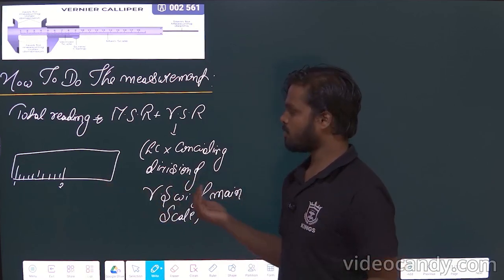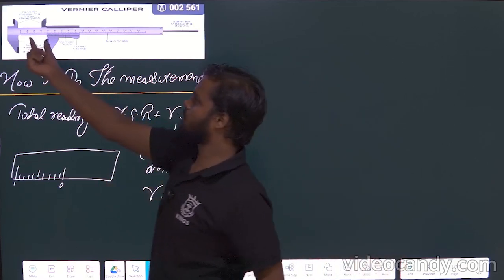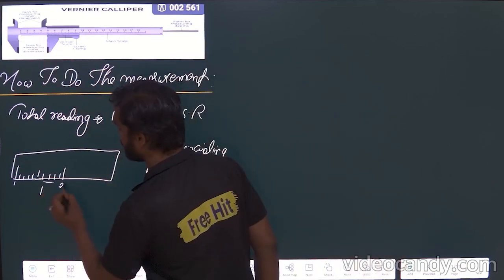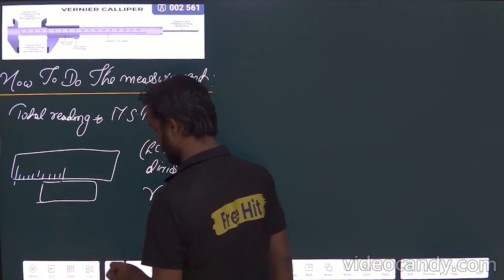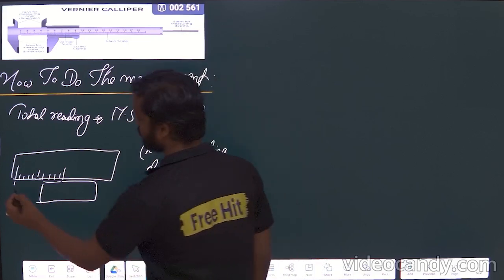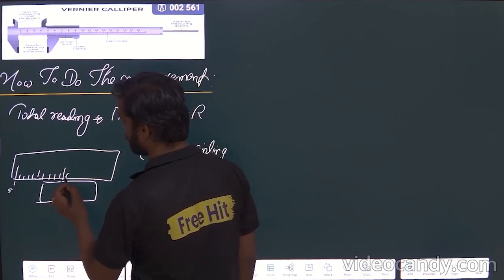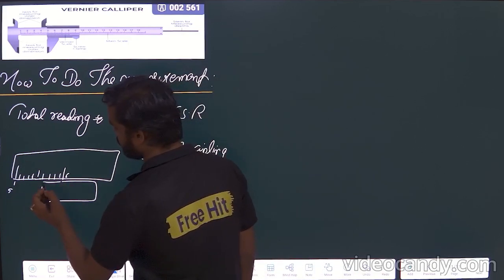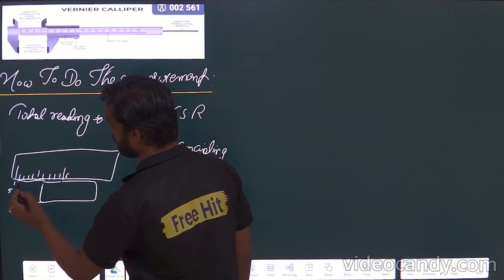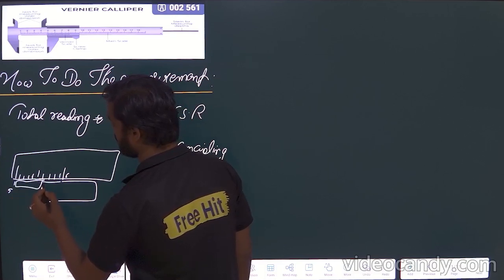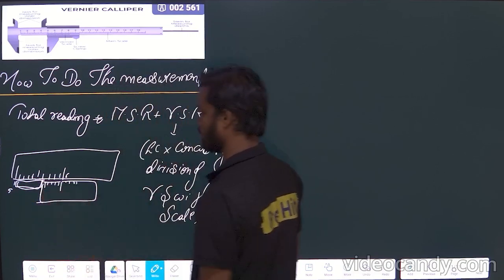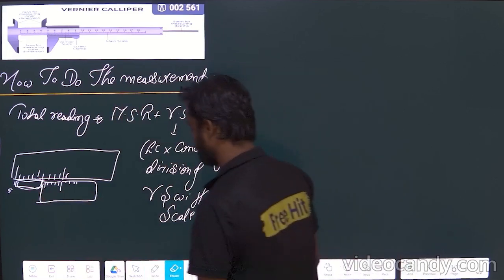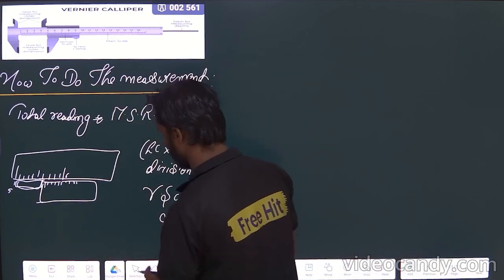So my vernier scale will move backward, obviously, because if you keep something here it will move backward. Suppose my vernier scale is like this now. This point is suppose 5 and this point is suppose 6, and my object is somewhere like this, and some readings are there over the vernier scale.